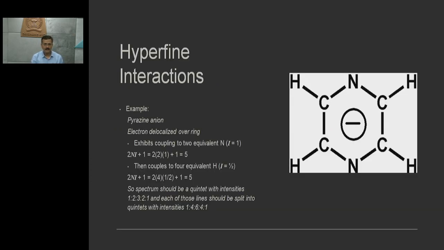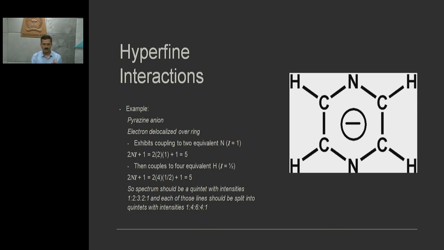For the hyperfine interaction of the pyrazine anion, it shows two equivalent nitrogen atoms, with I equal to 1. So 2nI plus 1: n is 2 because of 2 nitrogen atoms, spin I is equal to 1, so we get 5. Then it couples with 4 equivalent protons, with proton spin 1/2.